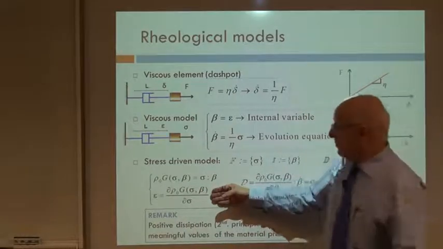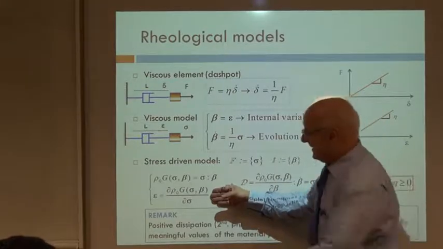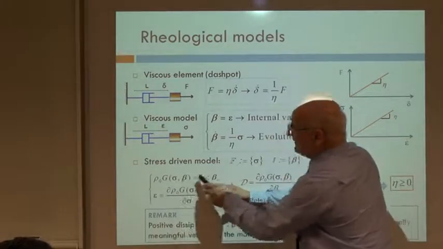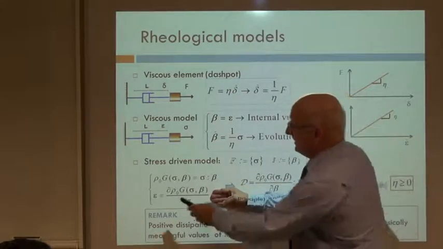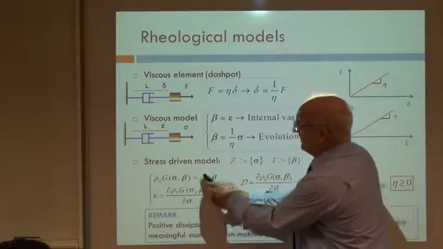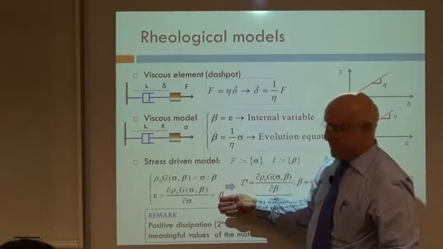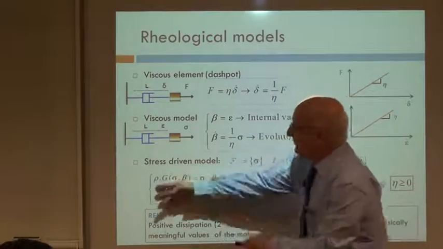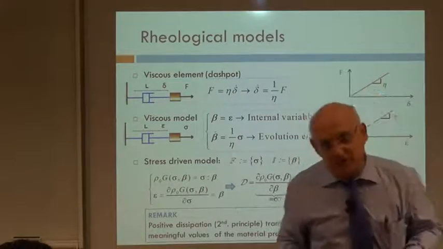So what does this constitutive equation say? The strain epsilon is the derivative of this with respect to sigma, which is beta. So if I start from that, I obtain this as a result, and it's consistent with the model I want to do.